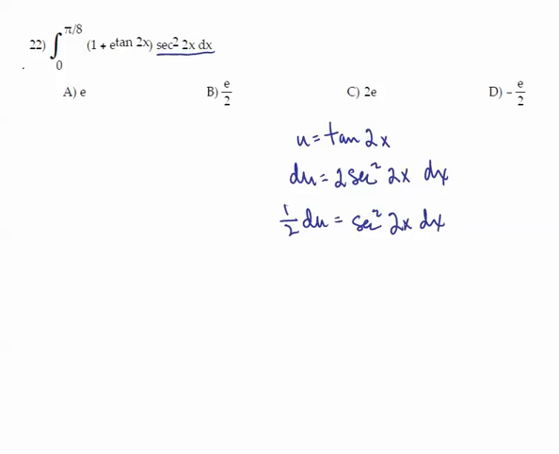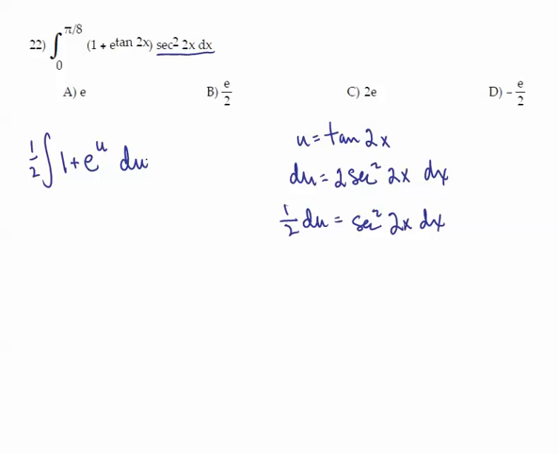And if I were to go ahead and replace those now, my 1/2 is a constant multiple, comes out. I still have the 1 plus e to the u now, and the rest of it is just the 1/2 du, the 1/2 already being brought out. So that's what we're going to end up with.